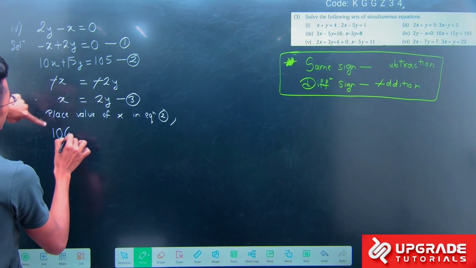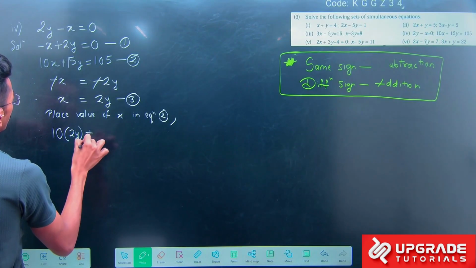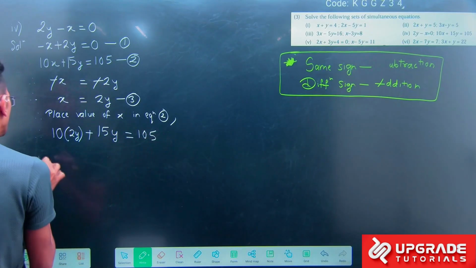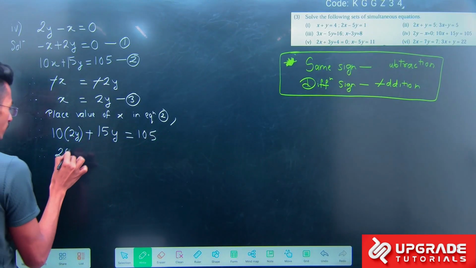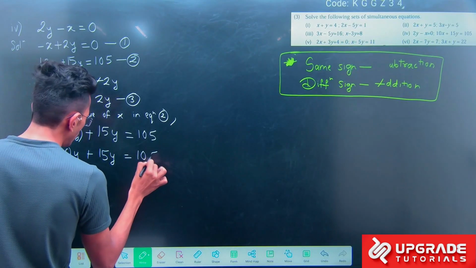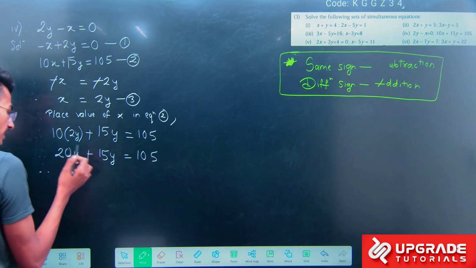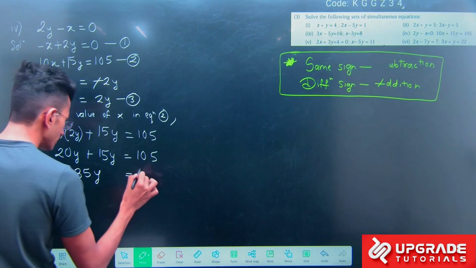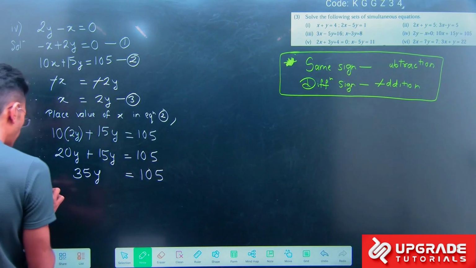10 into, what is the value of x? 2y plus 15 into y is equal to 105. 10 into 2 is 20y plus 15y is equal to 105. 20y plus 15y is 35y is equal to 105.